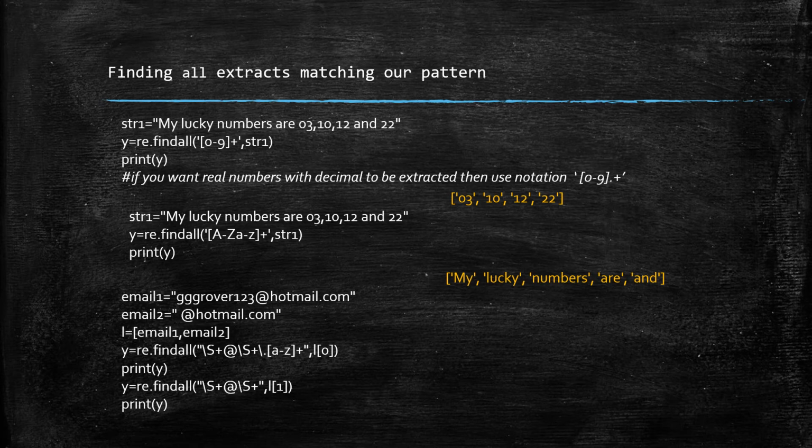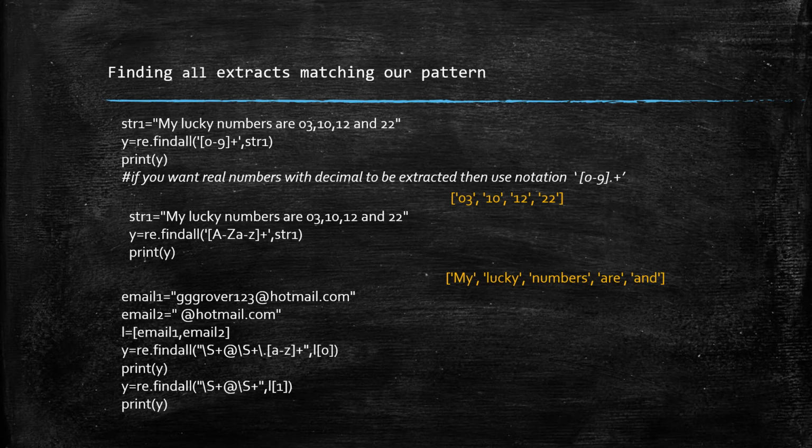Now I'm giving the command re.findall and just see the pattern which I want to search. This pattern first of all contains \S, capital S, which means include only non-white space characters, right? Plus means there can be more than one non-white space character. Then it should be followed by @ symbol.